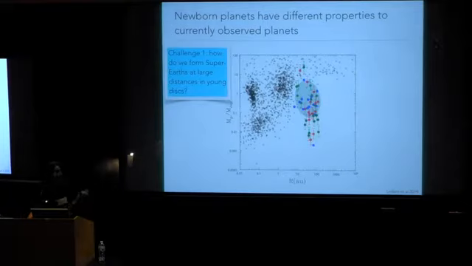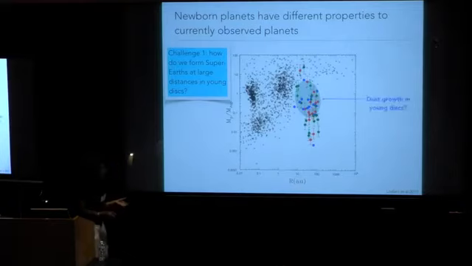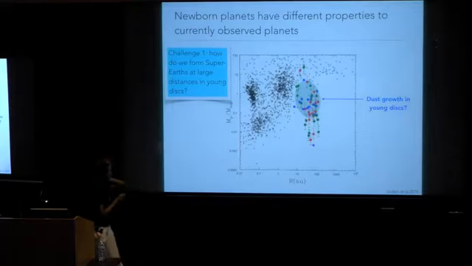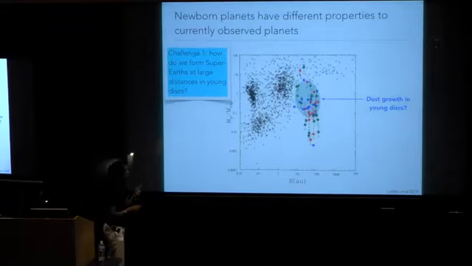And the question is, how do we actually form these planets at large distances? And in some cases, some of those disks are quite young. So also in young disks. And Kathy already talked about this in detail, so I'm just going to put up my thoughts on this. Is that I do think that we need to consider dust growth in young disks.